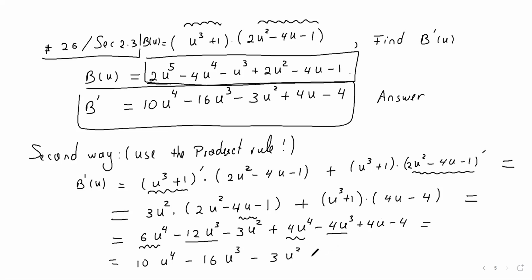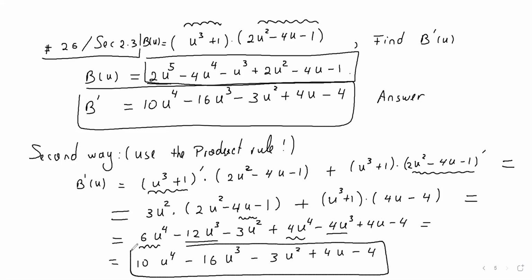How about u? That's 4u, and then there's minus 4. So there we go, we got the final answer with a little extra calculation, so it's not as straightforward as the first case, but it works. So that's the idea of the product rule.